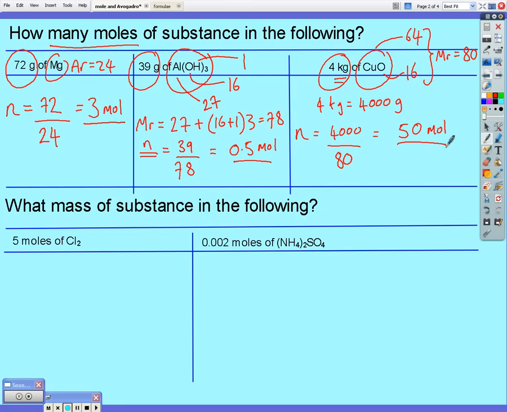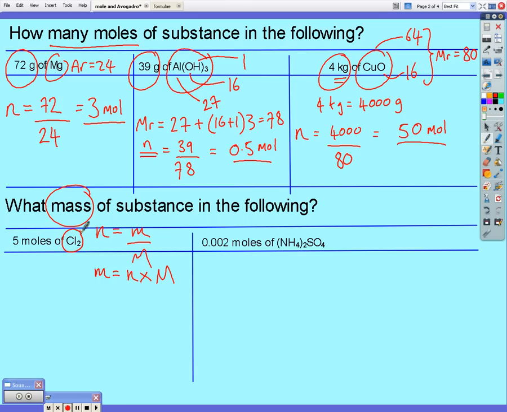Now what happens if we want to work out the mass of a substance if we're given the number of moles? Well, we're just going to use the formula we've shown already: number of moles is equal to the mass over the molar mass. Of course, if we rearrange that, we find that the mass is equal to the number of moles multiplied by the molar mass. Chlorine, a diatomic gas.